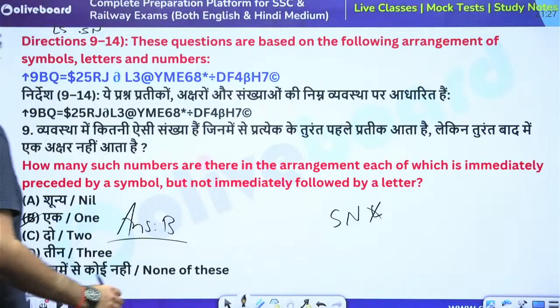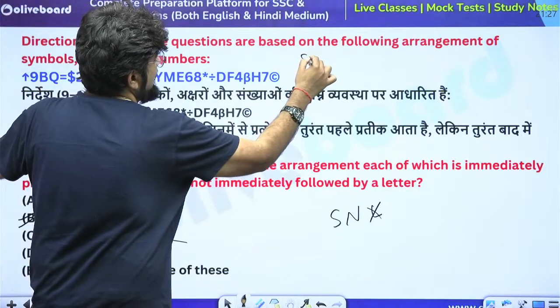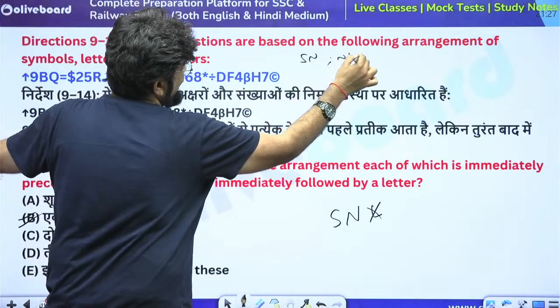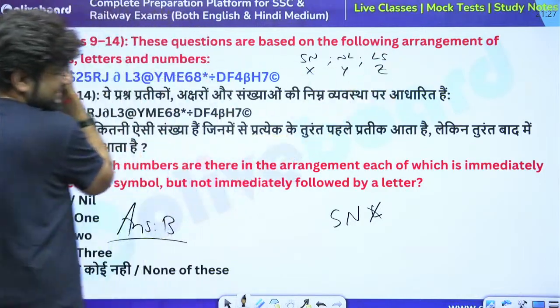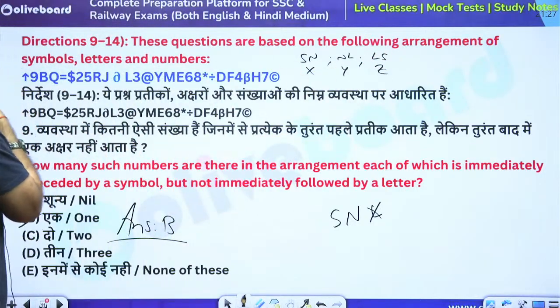So let's look for symbol number, number letter, letter symbol. This is X, this is Y, this is Z. Symbol number or number symbol, both works.